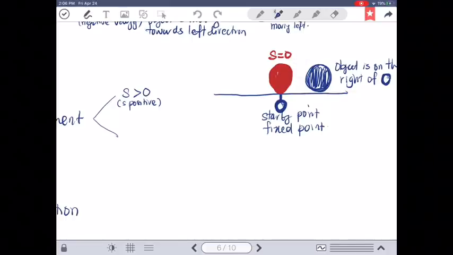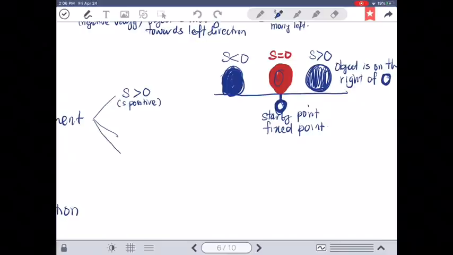Right of O, s greater than 0. On O, s equals to 0. If the object is on the left of O, the left of the fixed point, the initial point, the point that we mark as fixed point, then s is less than 0.